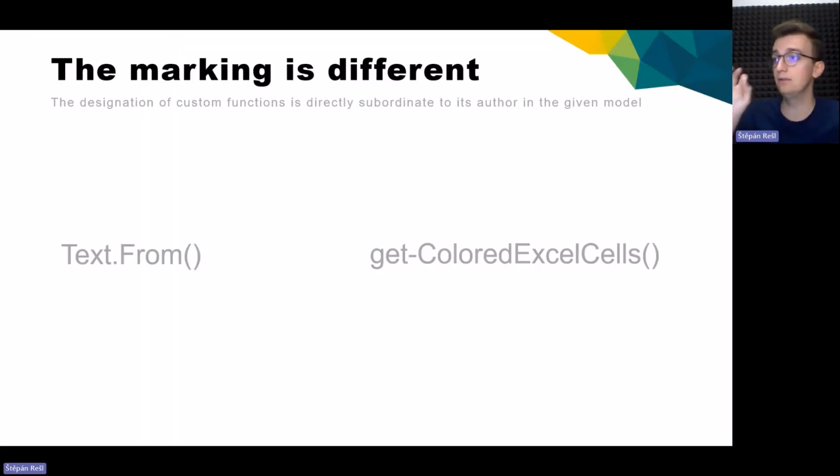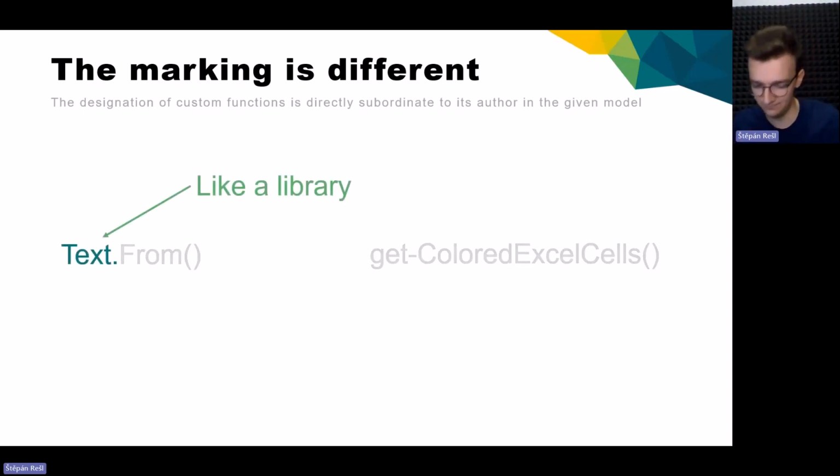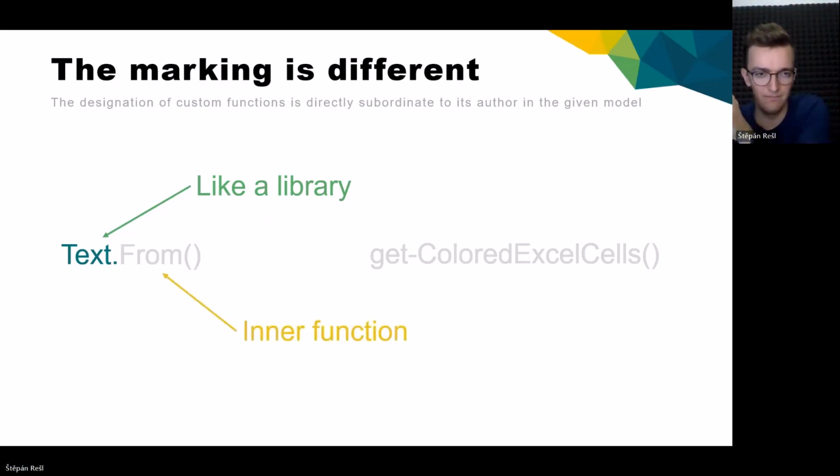First, if you look at these two functions, one of them is a native one and one is a custom one. The native one is actually using some prefix, which is like a library. It's like, okay, look inside the text library and extract from that the function called From.